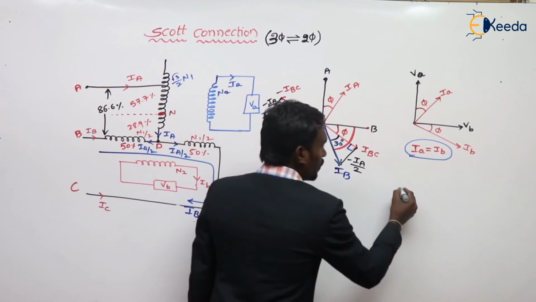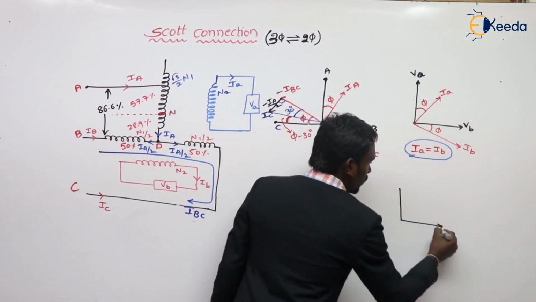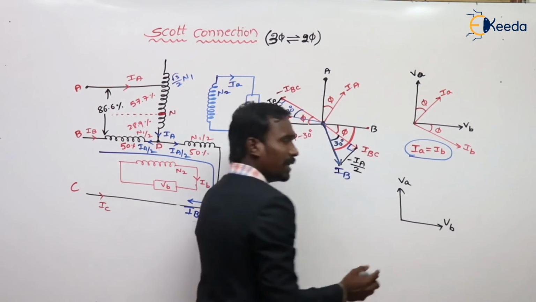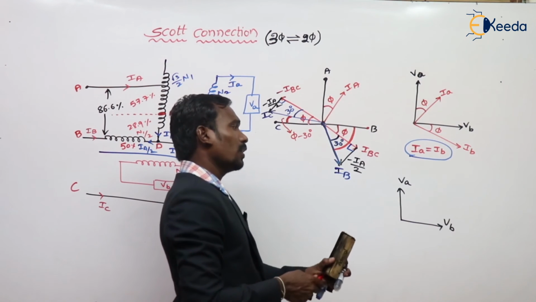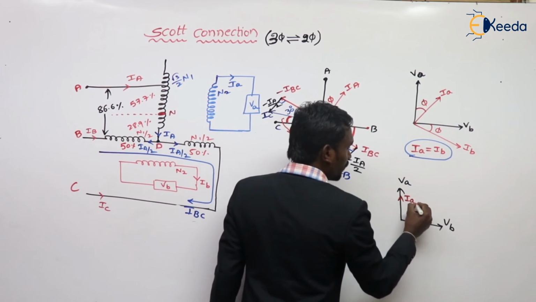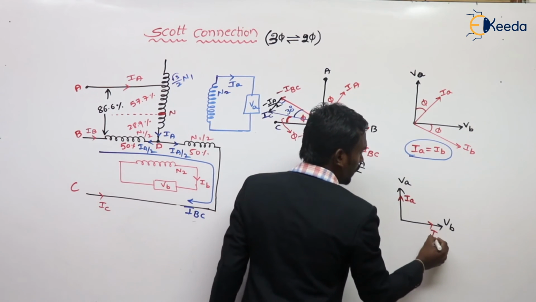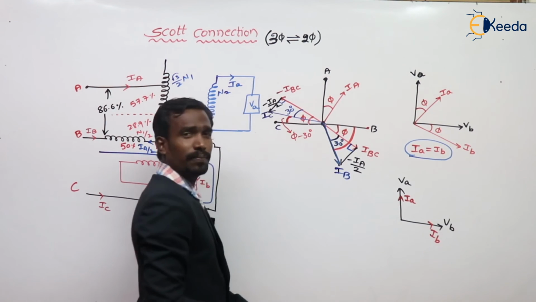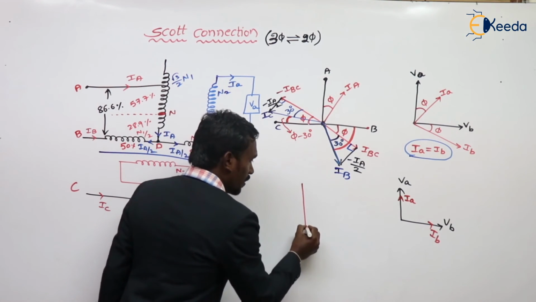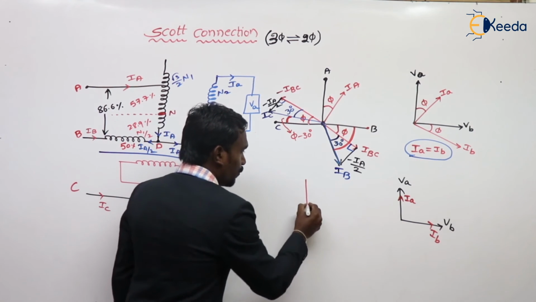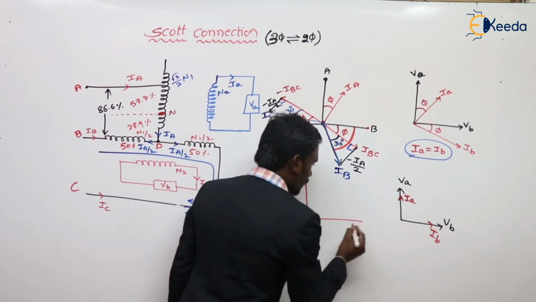Let's draw here. For example, this is VA and this is VB. I said that the load is operating at unity power factor, nothing but IA in phase with VA and IB in phase with VB, and here take the supply vectors like this.